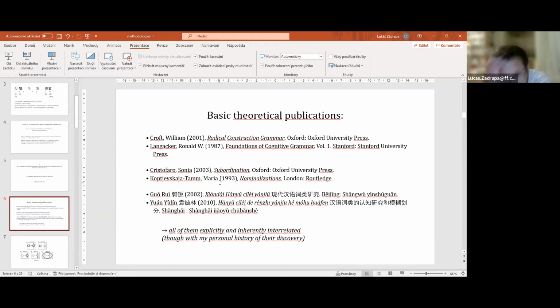And only later I found out that actually the typological literature is full of quotations of Croft and Langacker, and that it constitutes a kind of strand of linguistic thought. But at the first time it was just by chance.